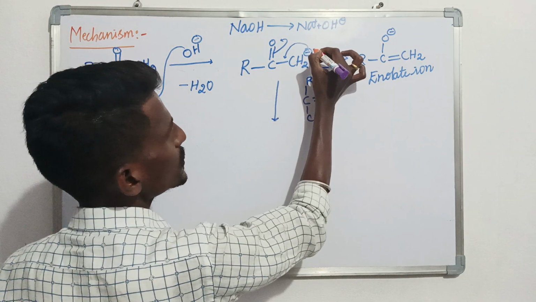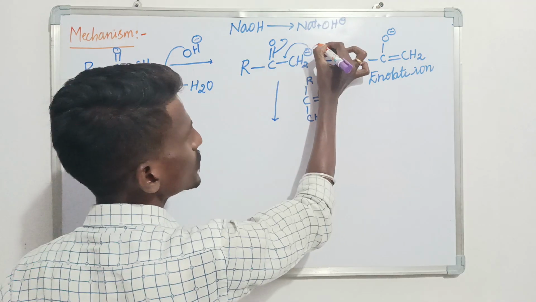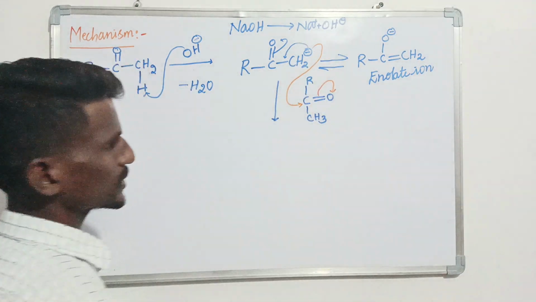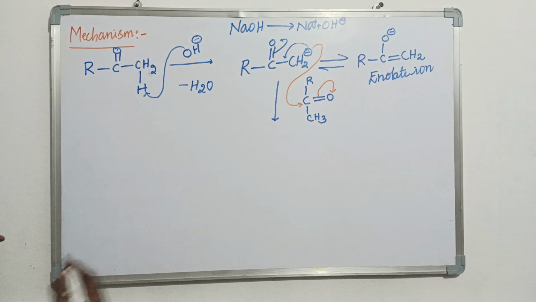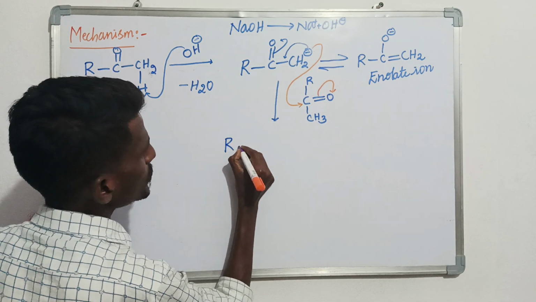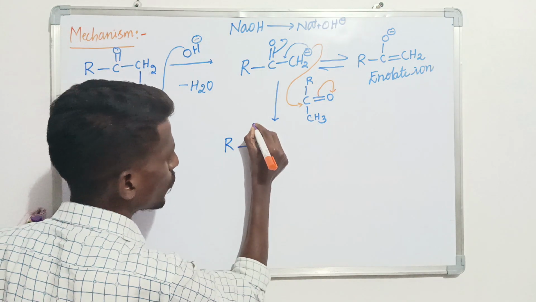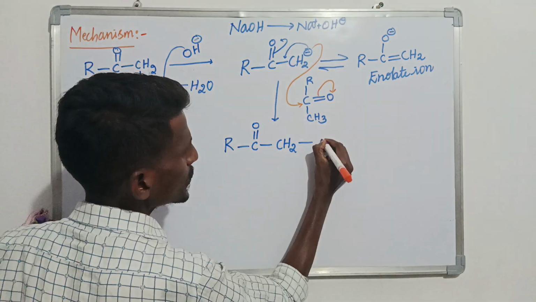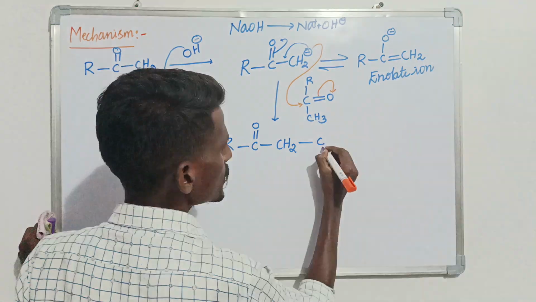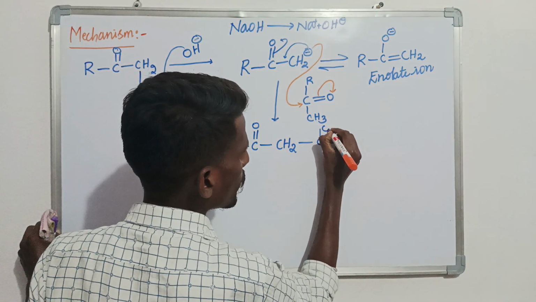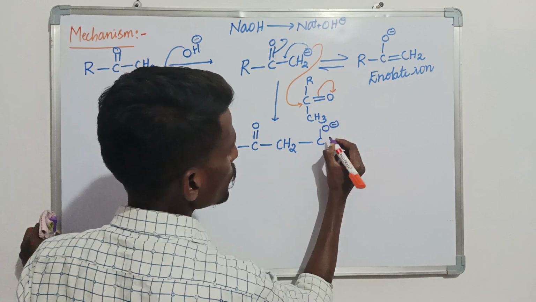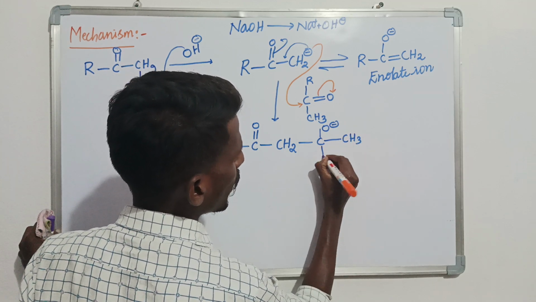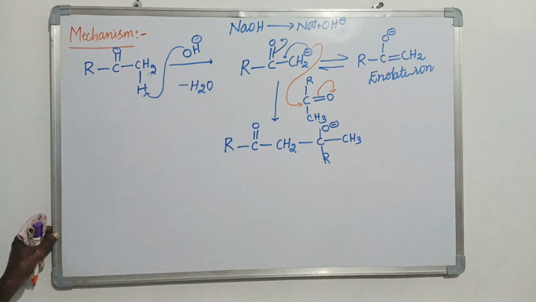Then this negative charge will attack this partial positive charge, and it becomes like this: R C double bond O CH2 and O minus and CH3 with the R group over here.